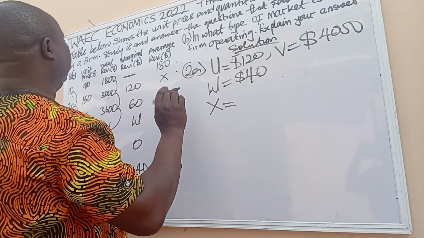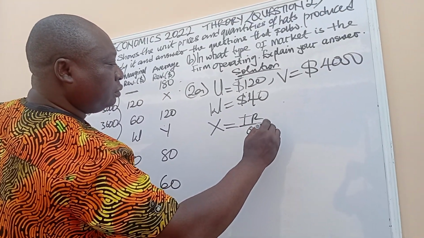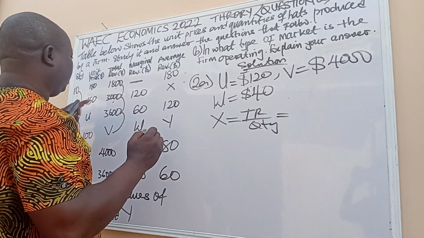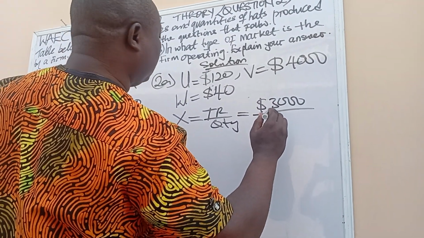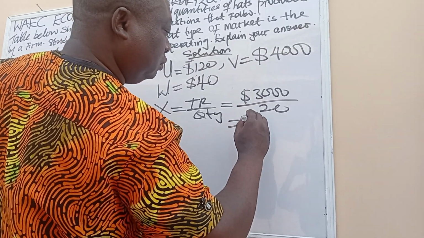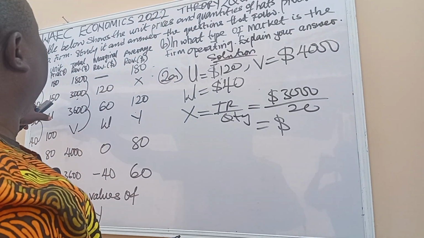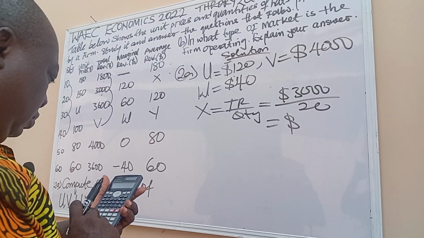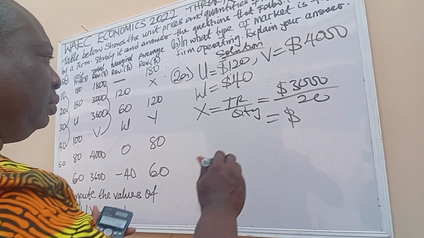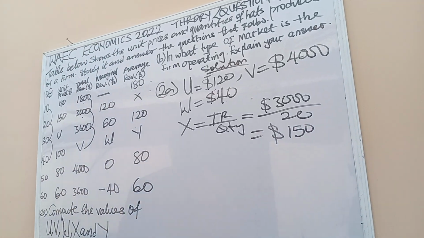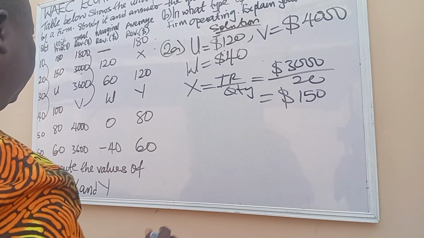To get X is total revenue over quantity, where total revenue is $3,000 and quantity is 20. So let's divide it. 3,000 divided by 20 is 150. X is $150.